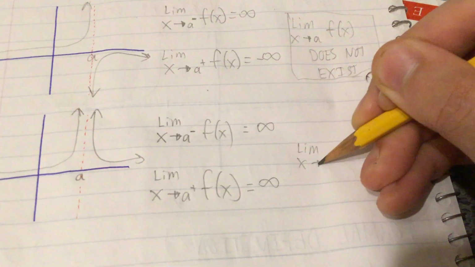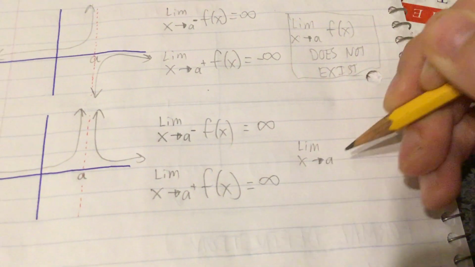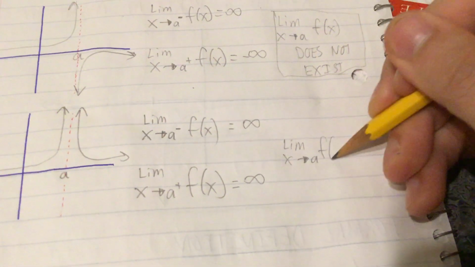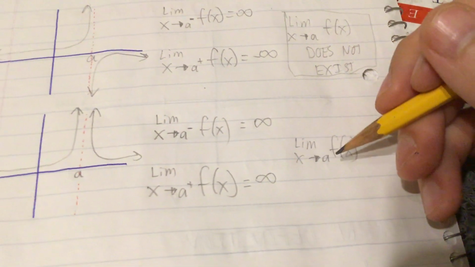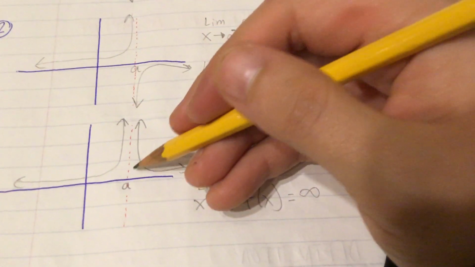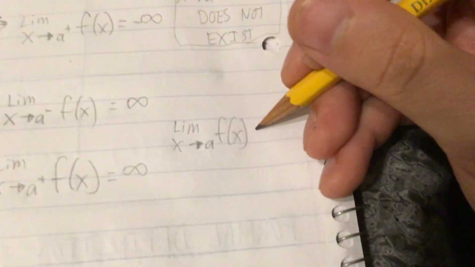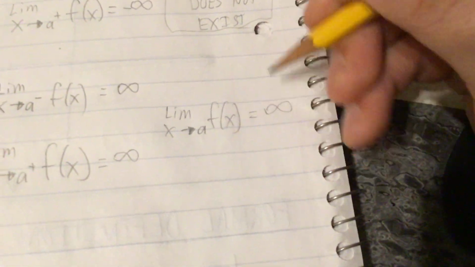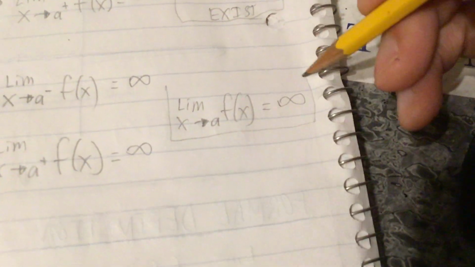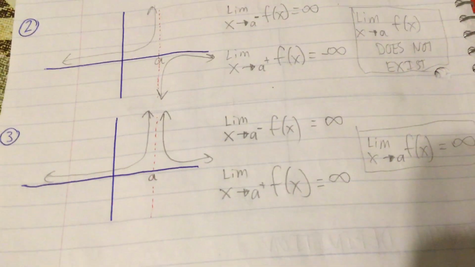As we get closer and closer to x equals a from the left side, what is the limit as x approaches a for this function? Yeah, they both agree. So it's going to explode and go to positive infinity. Y will go to the sky.